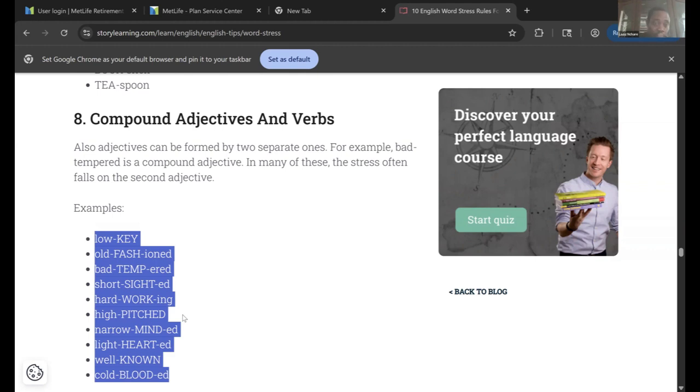Does that make sense? So the stress falls on the second adjective. So that would give you low-key, old-fashioned, bad-tempered, short-sighted, hard-working, high-pitched, narrow-minded, light-hearted, well-known, and cold-blooded.